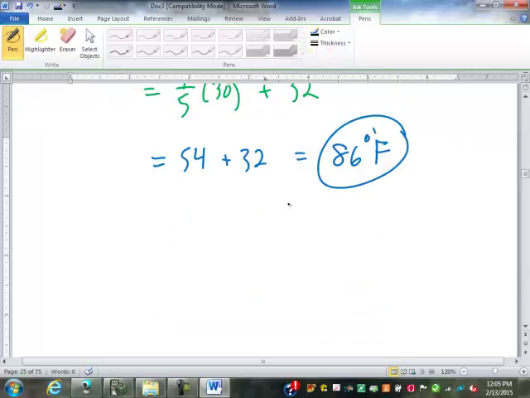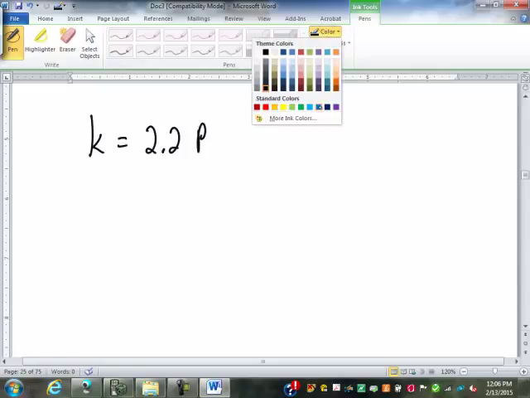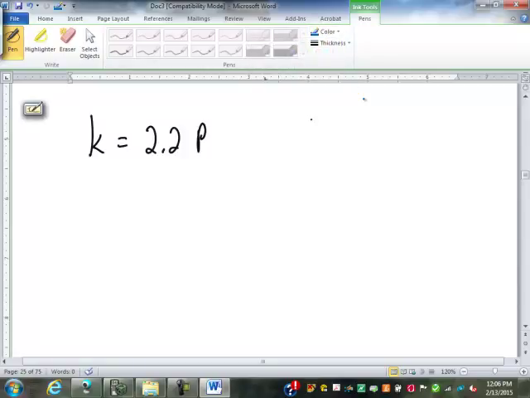Let's get to a couple of formulas that are going to be used a lot more for you guys in the medical fields. One is your weight in kilograms is equal to 2.2 times your weight in pounds. Or sorry, wrong way around. Your weight in pounds is equal to 2.2 times your weight in kilograms.